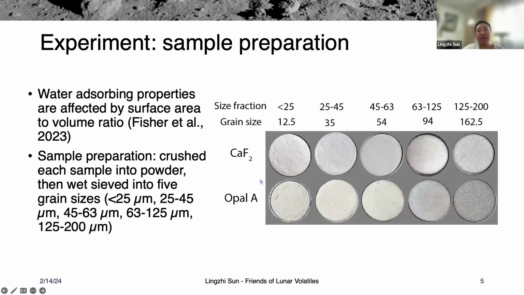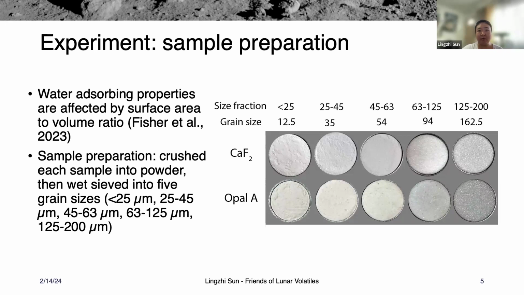And here are the samples we prepared. We have the calcium fluoride on the top row and opal on the bottom row. We prepared them at 5 different grain sizes. This is because we wanted to test the idea proposed by Lilia Fisher that water absorbing properties are affected by the surface area to volume ratio, which is the grain size variation.